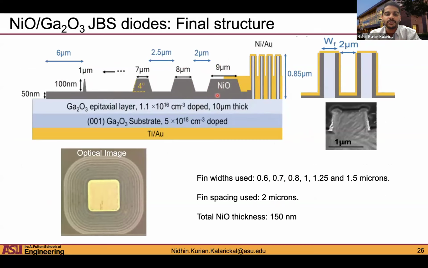Okay, so this is the final device structure. The fin widths that we've used for this specific study are 0.6 all the way to 1.5 micron, so we've used small fin widths. The fin spacing that we used was 2 micron, and the total nickel oxide thickness is roughly around 150 nanometer.